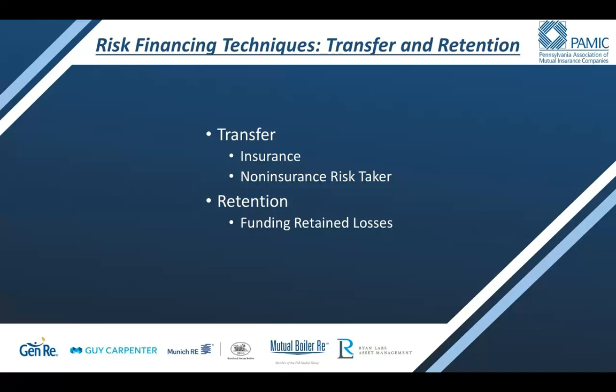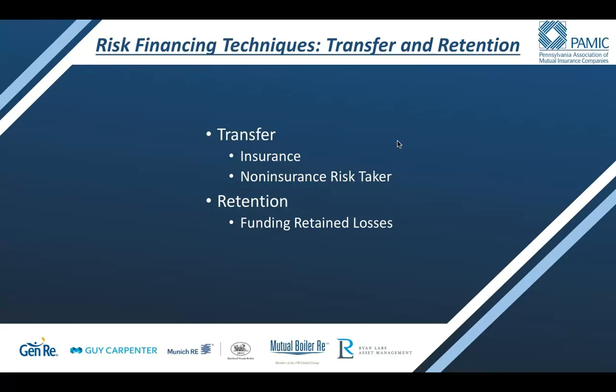So, a non-insurance risk taker would be a business that decides that they're going to have their own health insurance.